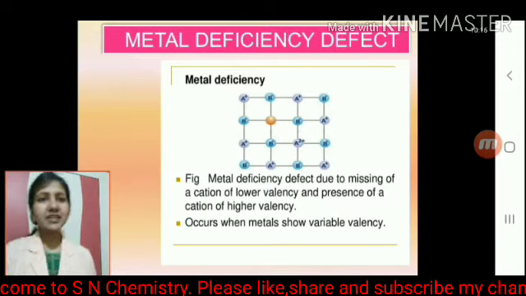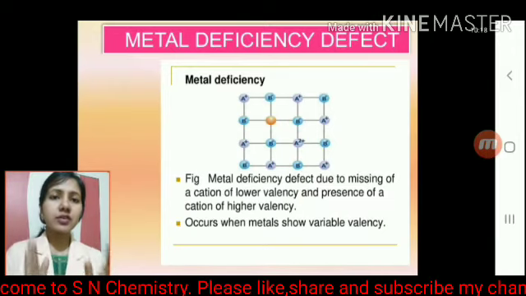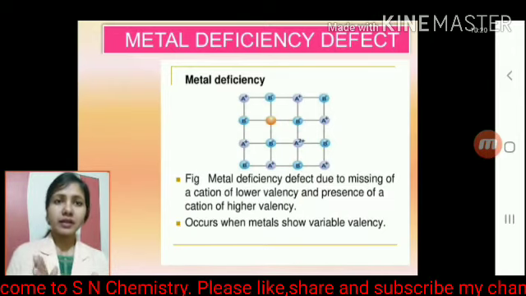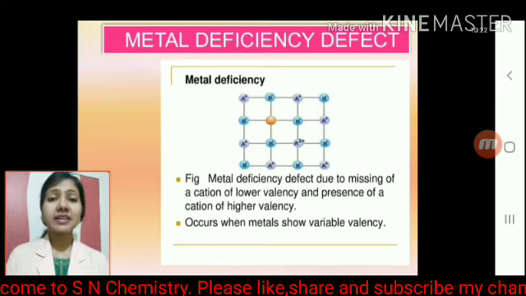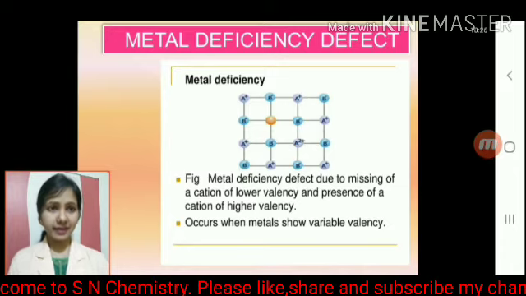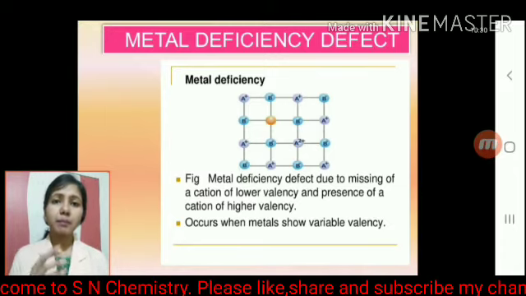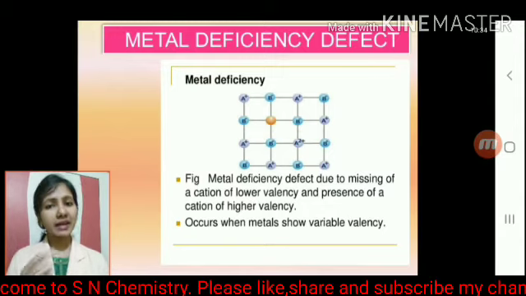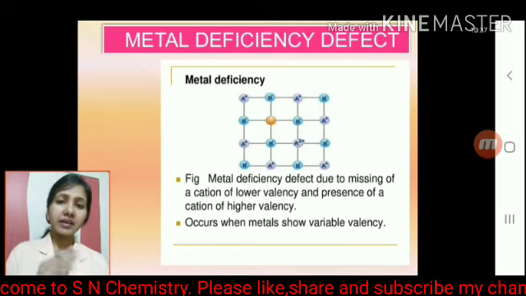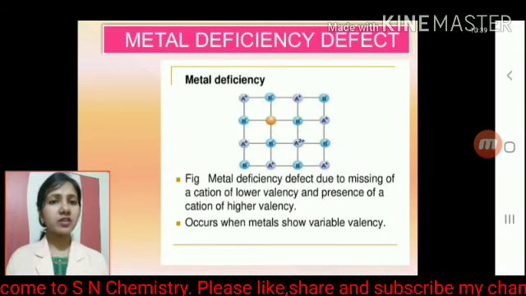Metal deficiency defect. As is clear from the name, there is a deficiency of metal atoms or deficiency of cations. In this type of defect, a metal ion or cation is missing from its lattice site, and a cation having a higher charge is present in the neighboring site.